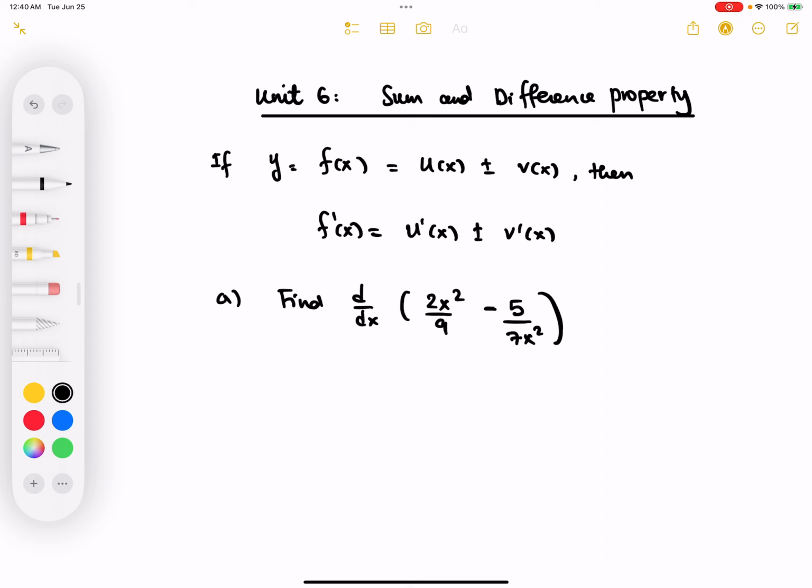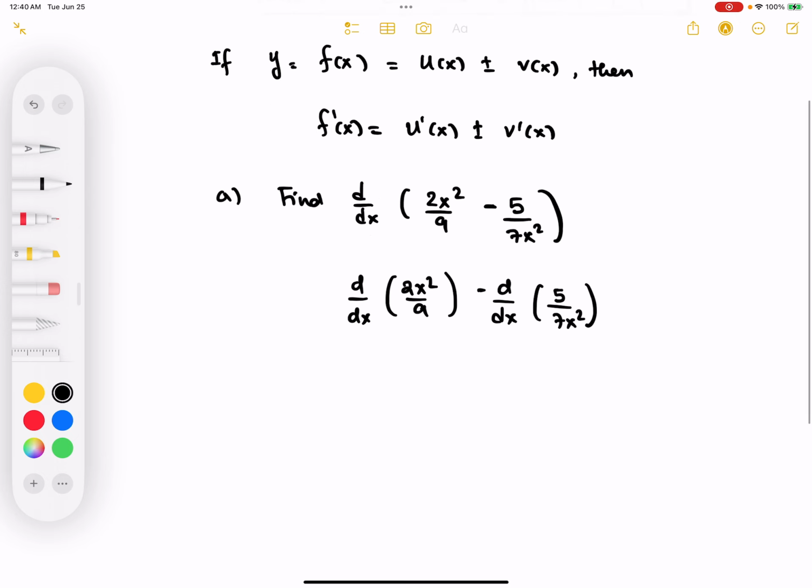Now, according to the rule, you have to take the derivative of the first one, 2x squared over 9, and the derivative of the second one, which is 5 over 7x squared, right? Then apply the power rule. That is, 2 over 9 is constant, then 2 down, x to the 2 minus 1.